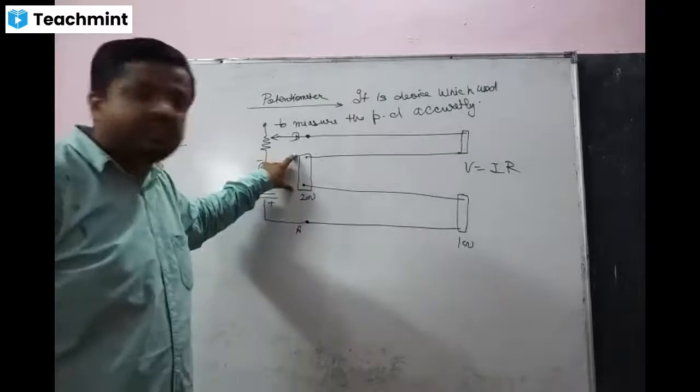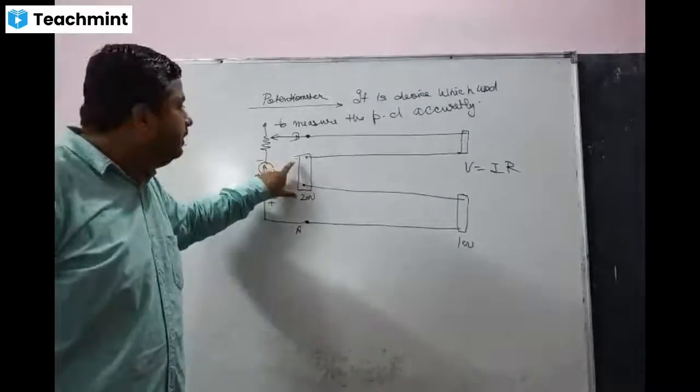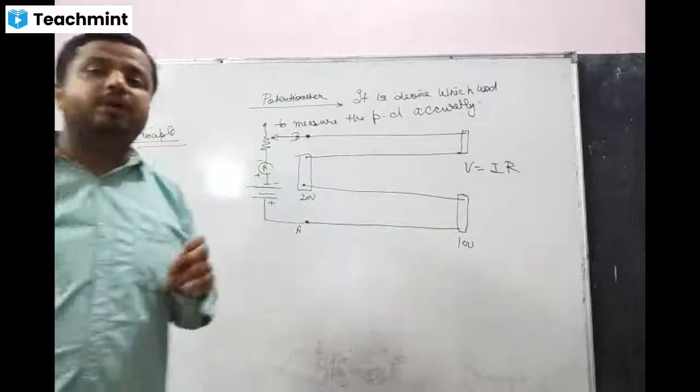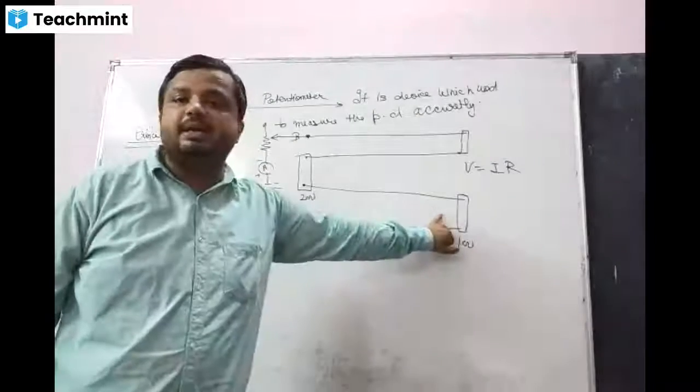The small vertical portions of the wire from A to B are thick metal strips. These are copper strips. A copper strip is used because it has negligible resistance.